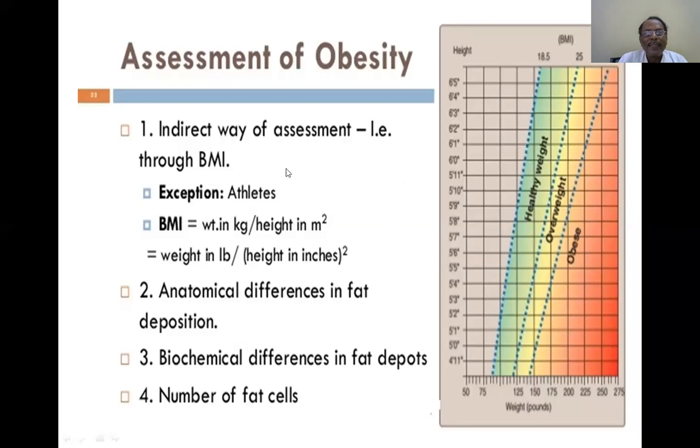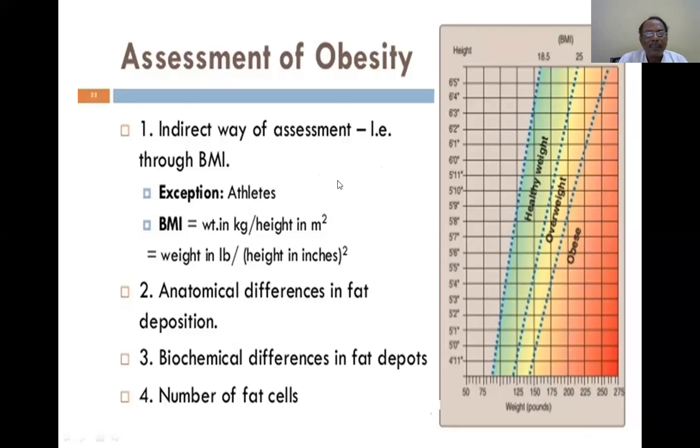And the second way, an indirect way of assessing without having these charts and the national surveys, is BMI, Body Mass Index, with two important parameters. One is height and another is weight, in kgs, or the height in inches and the weight in lbs.